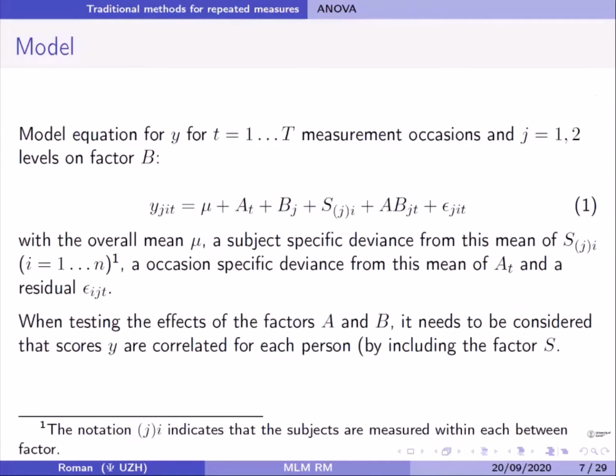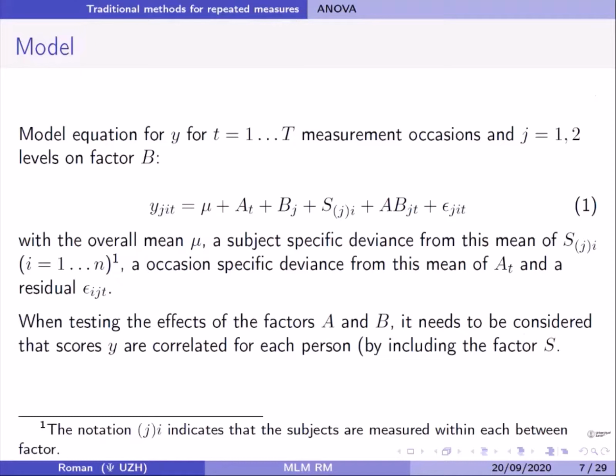The model equation for y for t measurement occasions and j grouping factors of B is presented here. So we have the outcome variable measured for j groups of individuals i at t time points.